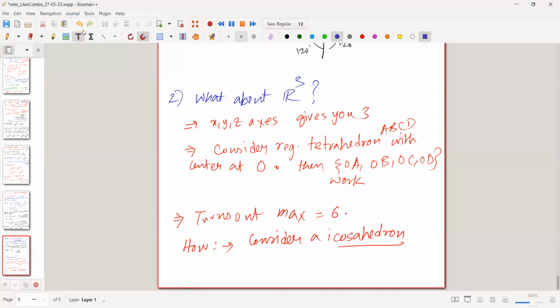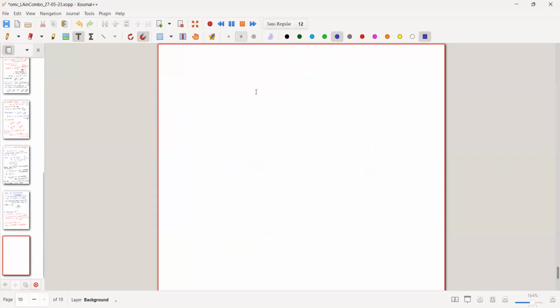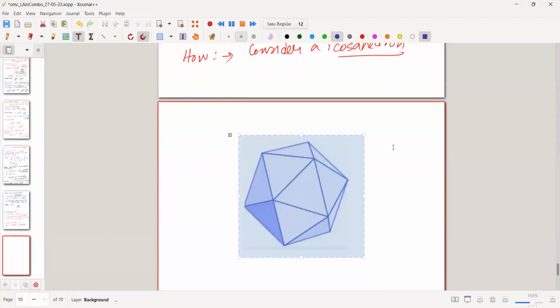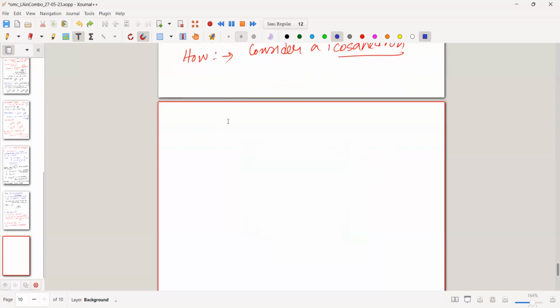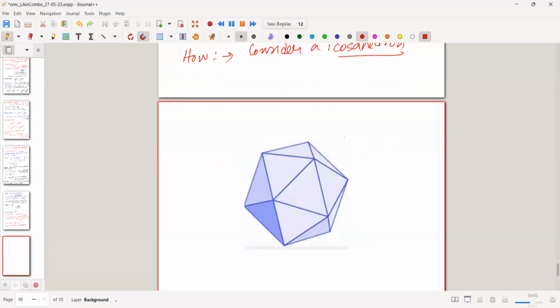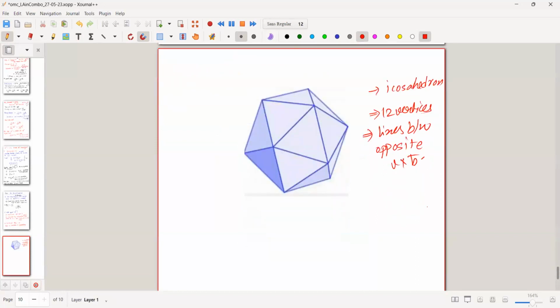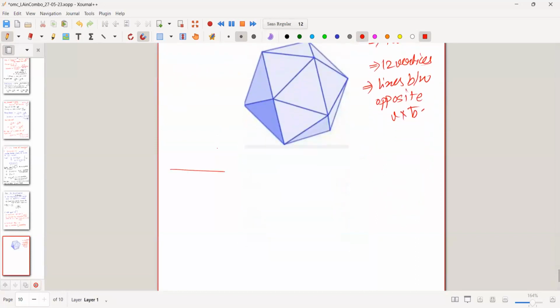Yeah, so this is an icosahedron. It has 12 vertices, and you take lines between opposite vertices. So consider a regular icosahedron, and that gives you 6 lines.